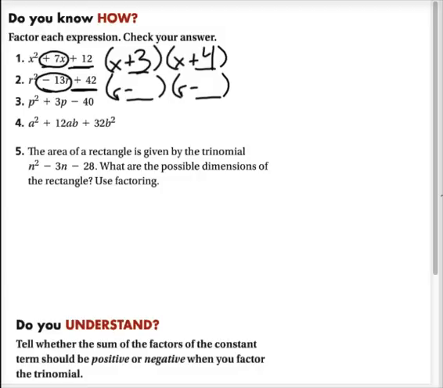And now I'm going to focus on that 42, numbers that multiply to give me 42. Well, we're talking about 1 and 42, 2 and 21. We're talking about 3 and 14.